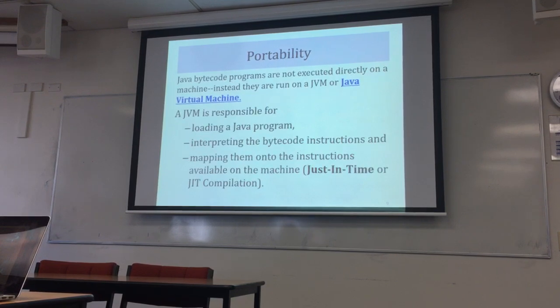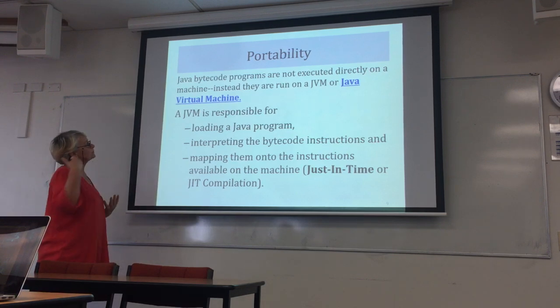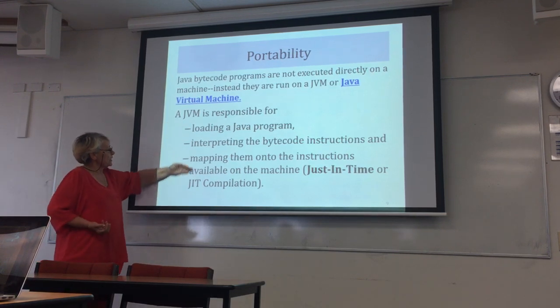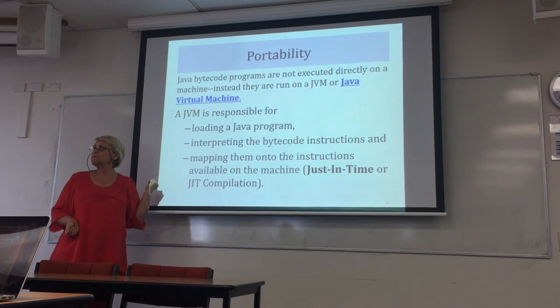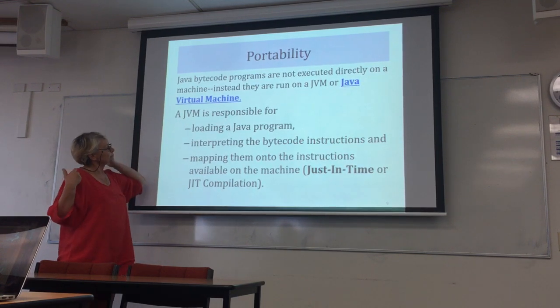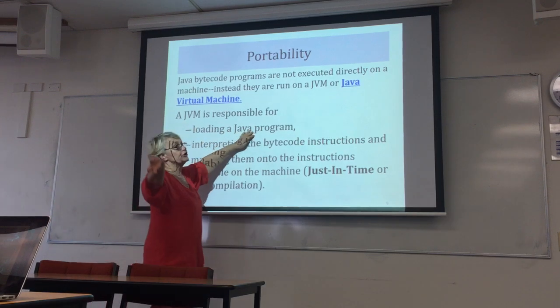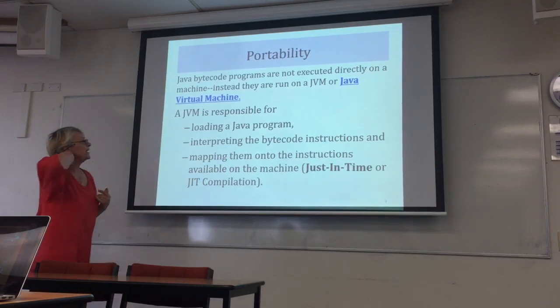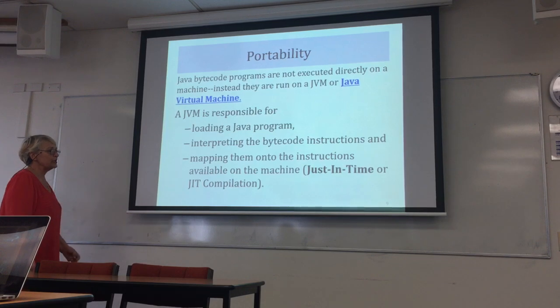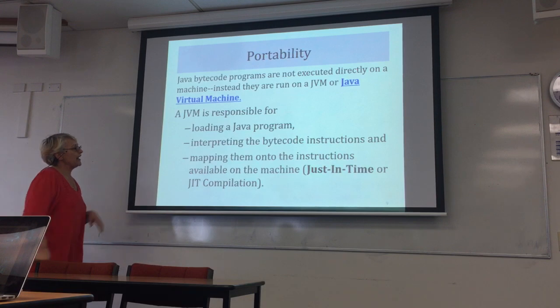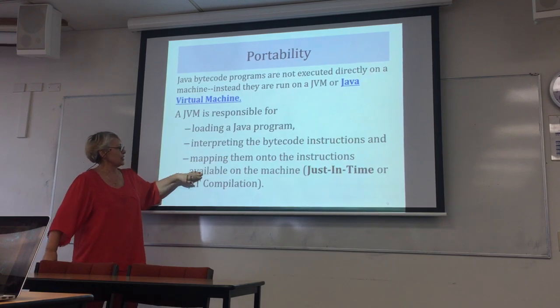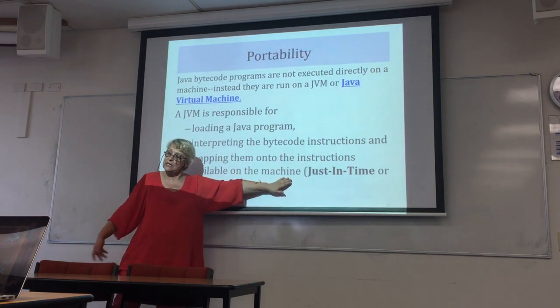Right. So the Java virtual machine is software, be aware. It's a metaphor, it's not a machine itself. It's a program which is responsible for these three components. It does loading a Java program, interpreting the bytecode instructions, the code in the filename.class, and mapping them into instructions available on the machine.